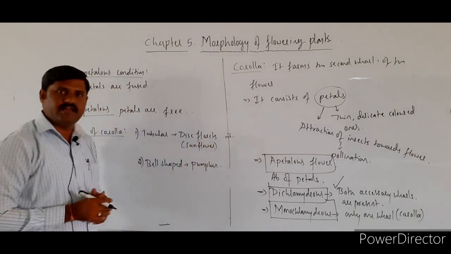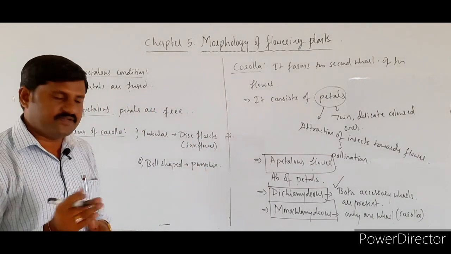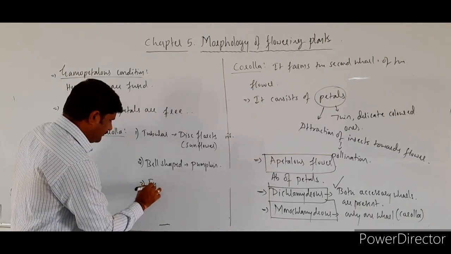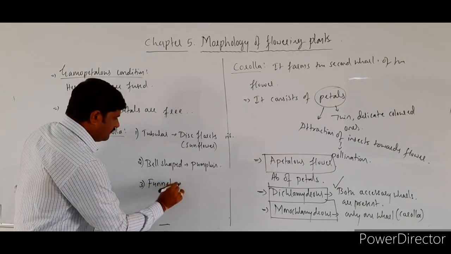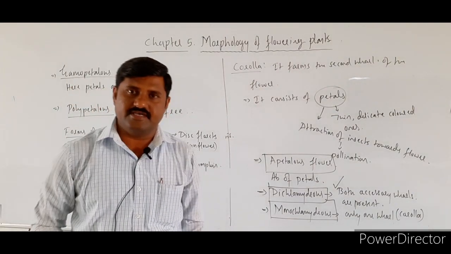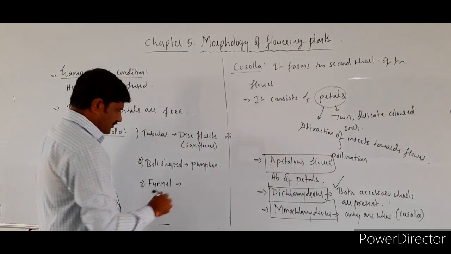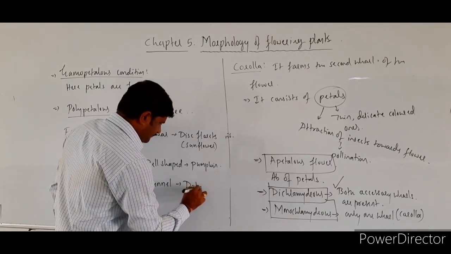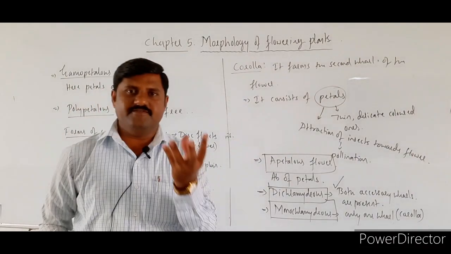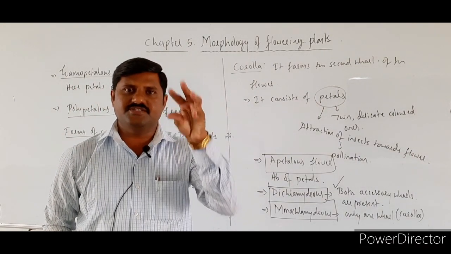In pumpkin flower, you can observe a bell-shaped flower. And after this one, funnel-shaped. Funnel-shaped corolla we come across in Datura. In Datura, you will find a funnel-shaped flower.